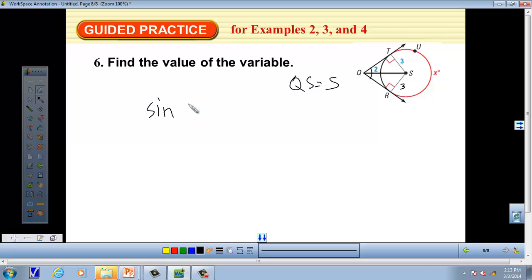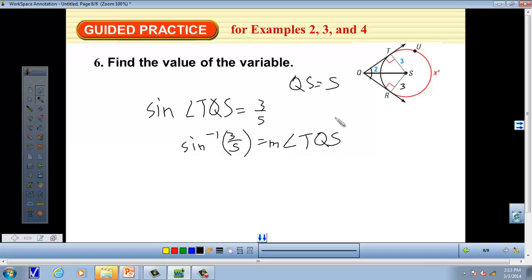So angle TQS, and that's going to be opposite over hypotenuse, which is 3/5. So we're going to do the inverse sine of 3/5, and that equals the measure of angle TQS.